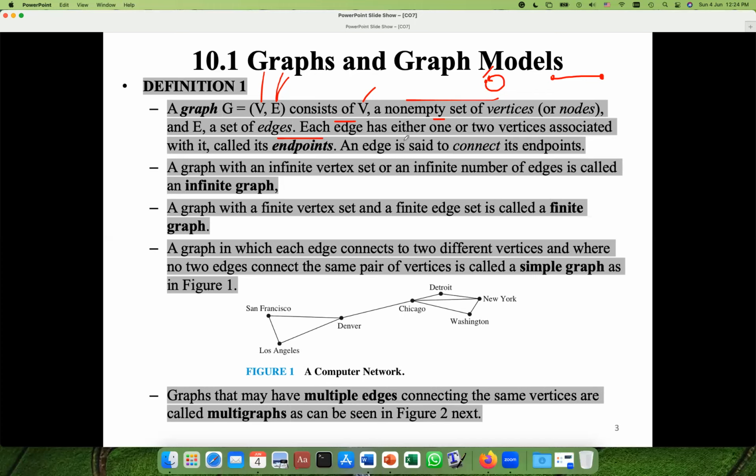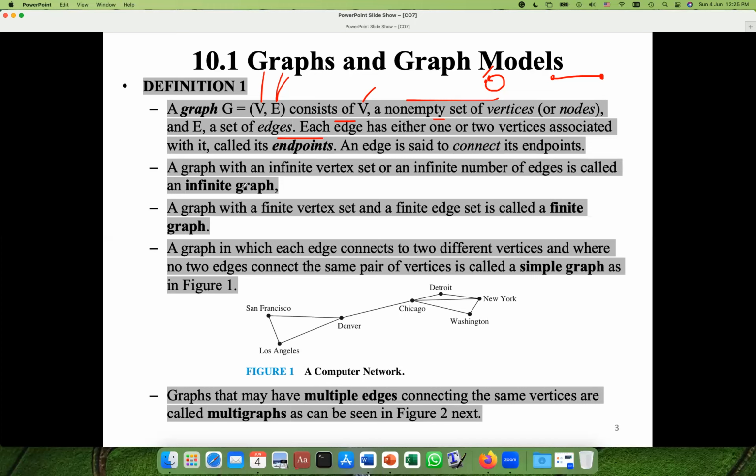So these are the different terms that you will see in your textbook. It is necessary to understand those terms, because English is not our language, but we have to understand that text. You can also say that an edge is said to connect its endpoints. So if this is an edge, then it is connected with these two endpoints.